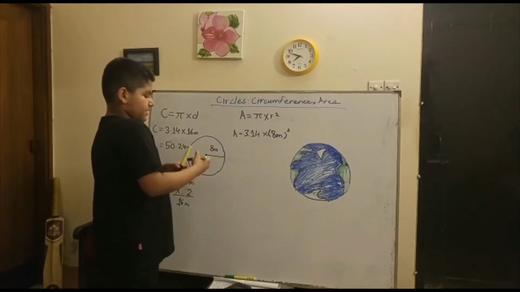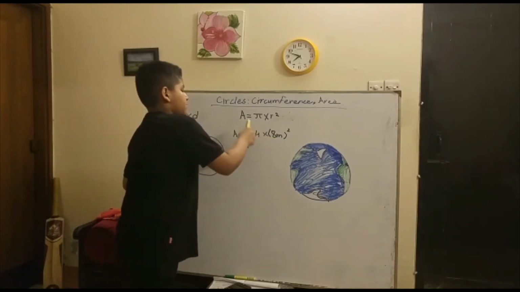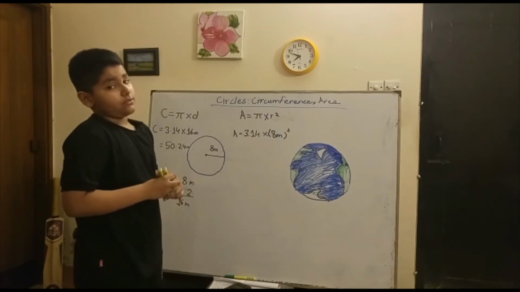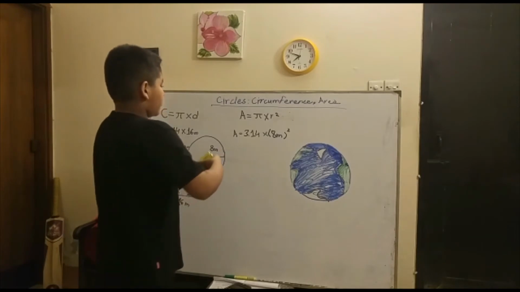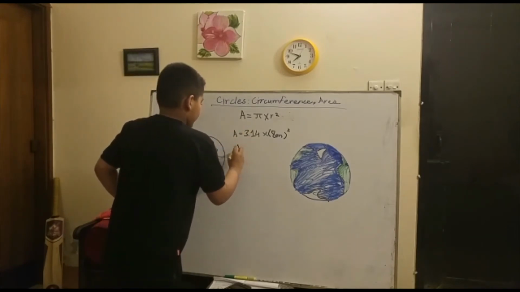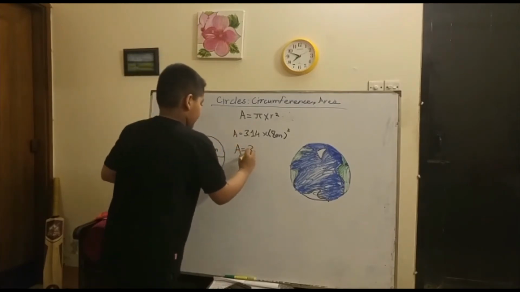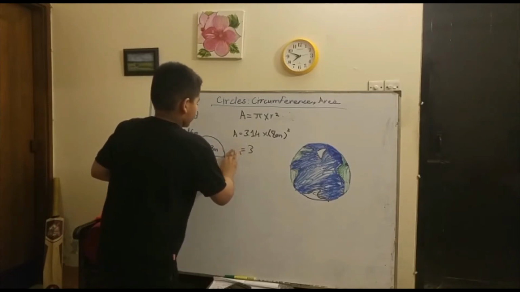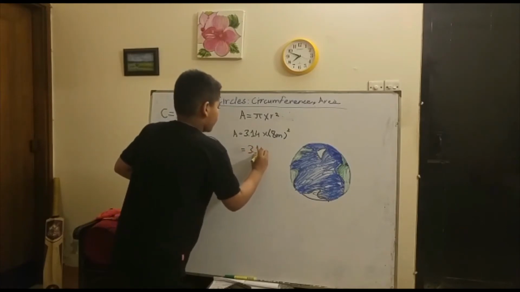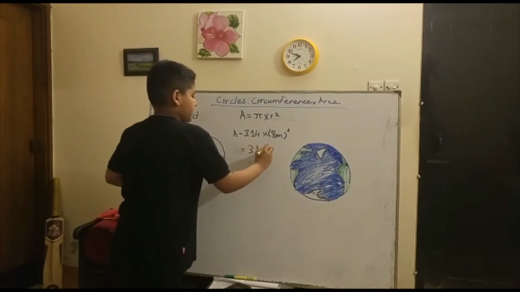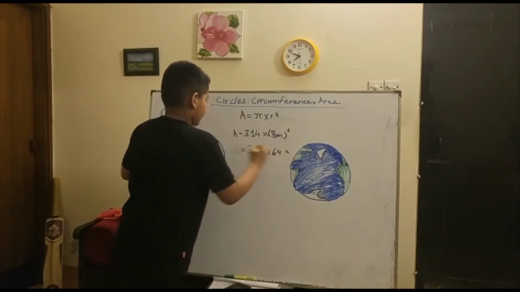So 8 squared is 64, and meter squared is meter squared. Remember, we write meter squared because it's the area, and area is always a two-dimensional quantity. So area equals, actually, you don't need to write area equals all the time, 3.14 times 64 meters squared.